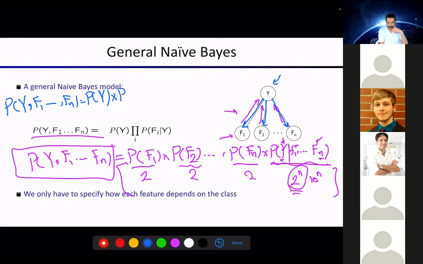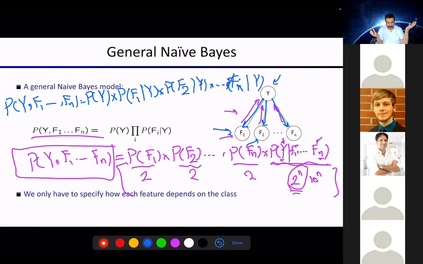Multiplied by probability of f1 given its parent, which is only y, multiplied by probability of f2 given its parent, y again, multiplied by probability of fn given y.